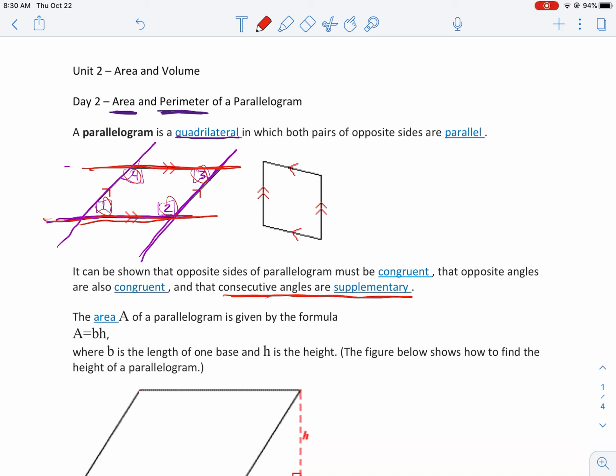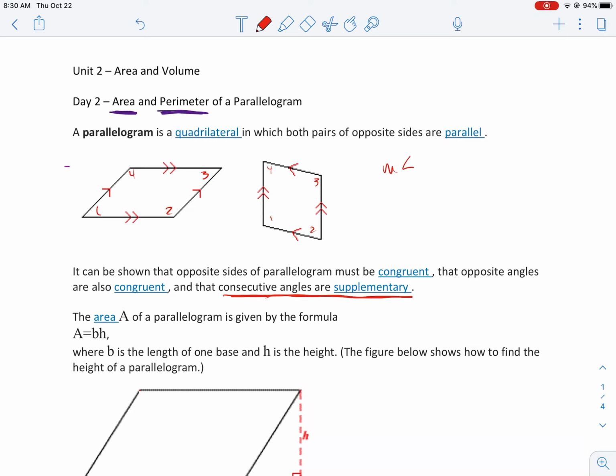So add those measures up. What do you get? You get 180 degrees. So that's what it means to be supplementary. You add the two measures up, they add up to 180 degrees. And the consecutive means that they just fall on the same line.